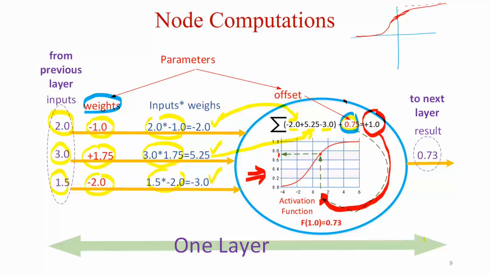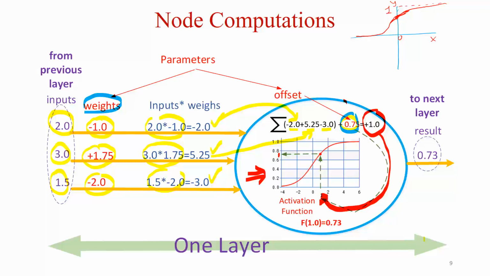The maximum value here is 1, and the minimum value here is 0. This is the x-axis and this is the y. So this sigmoid function has its output limited between 0 and 1.